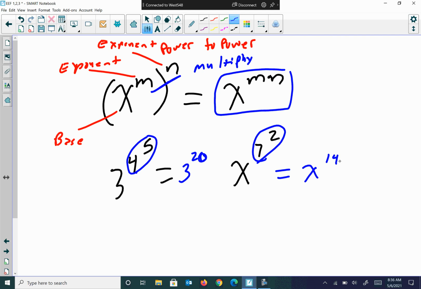When they're on top of each other, they multiply. Get the joke?